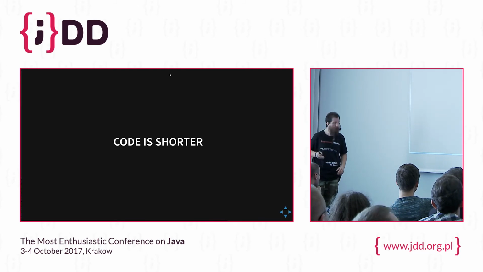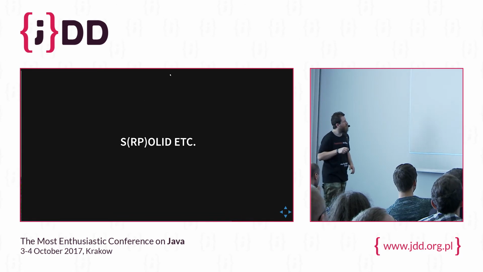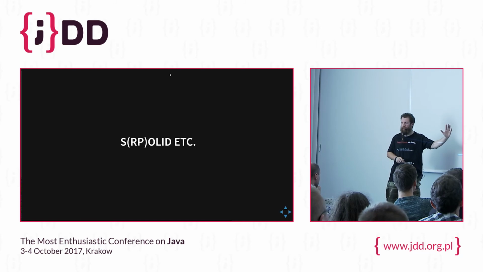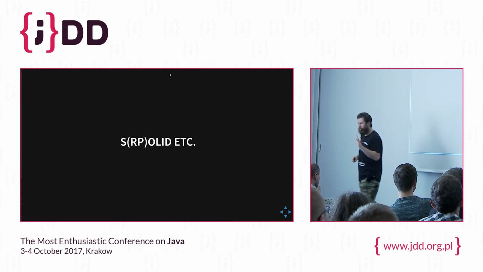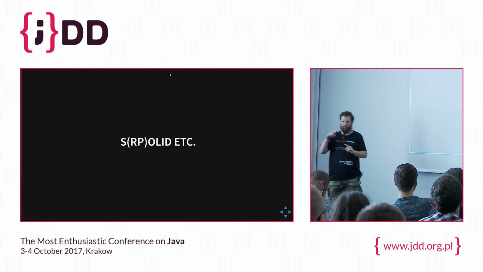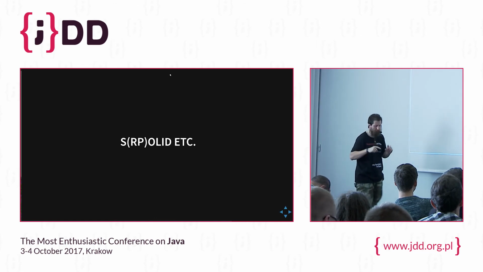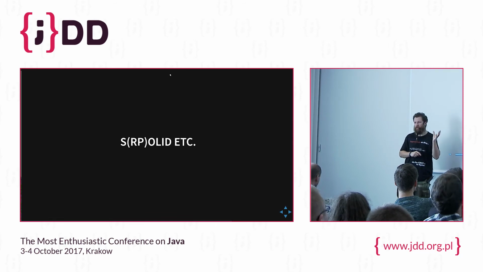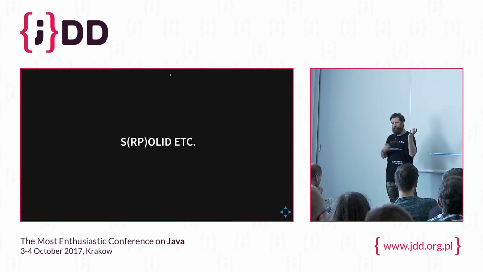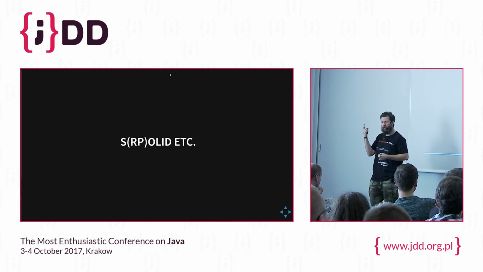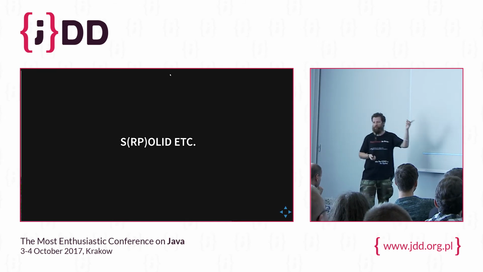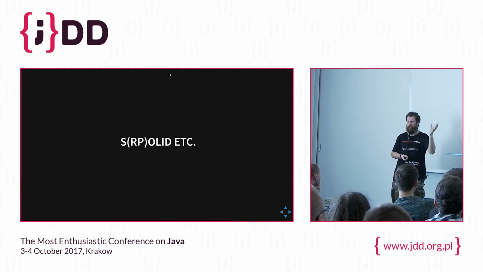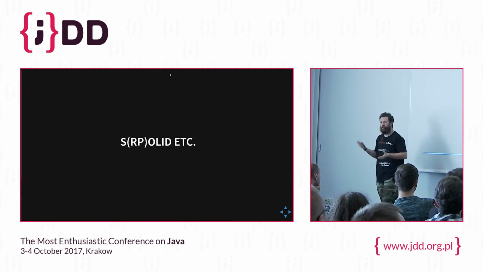If code is shorter, then we can apply all those SOLID principles very easily. If you start to apply the idea of functional programming to your code, you will see that a function is just a transformation from one state to another. Single responsibility. Open-closed principle: you can just change the implementation on the fly, use another function.